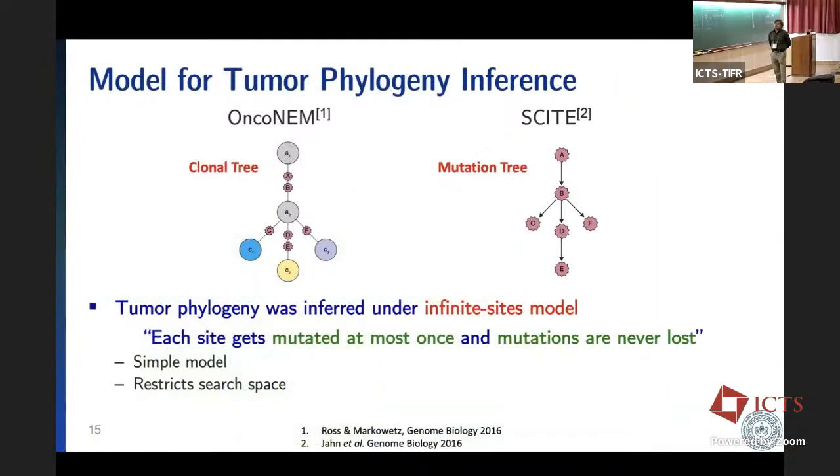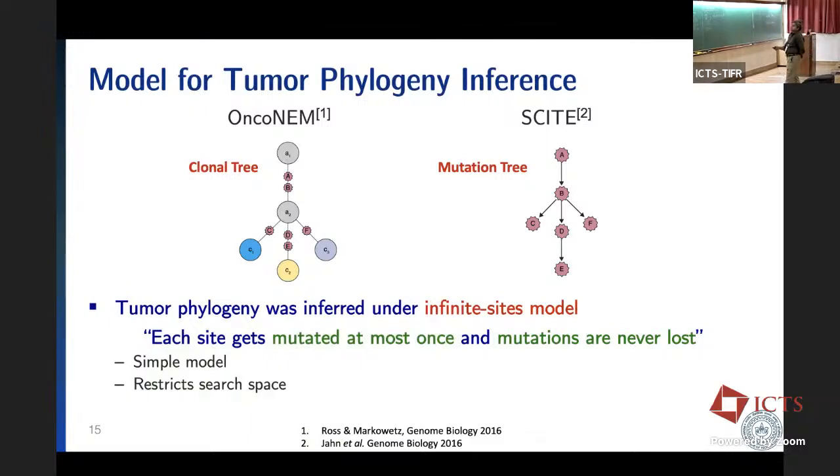So we'll start with this model of tumor phylogeny inference. And as I said, this was being applied by other groups when they were talking about tumor evolution. And this model of evolution is basically the infinite sites model.